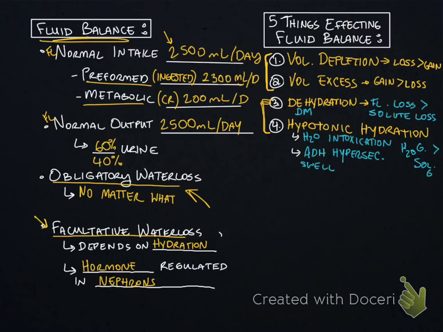Let me make some room for number 5. Number 5 is fluid sequestration. I think that's how you pronounce that. What's different from this is that the total body fluid, your total body water, is typically normal.